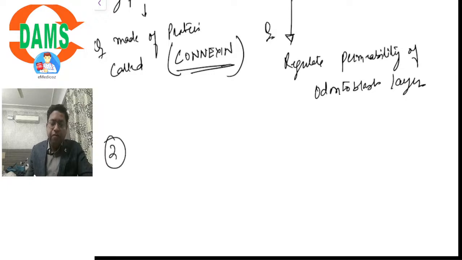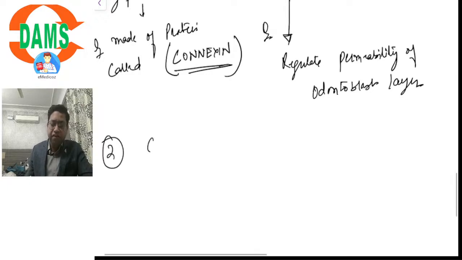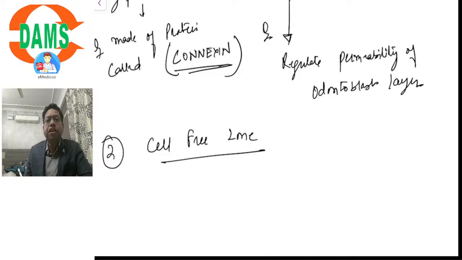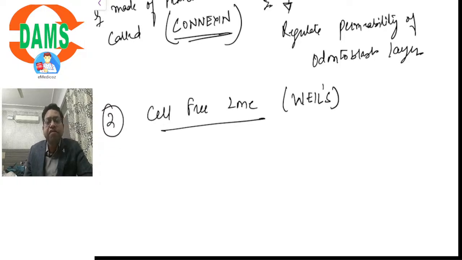Then the second layer from outside to inside is the cell-free zone. The subodontoblastic zone of the dental pulp is called the cell-free zone, which is also called cell-free zone of Weil or Weil's cell-free zone. As the name indicates, it does not contain any cells. But what does it contain?